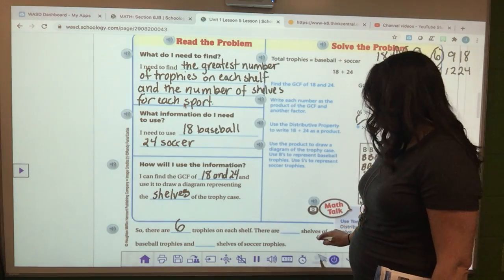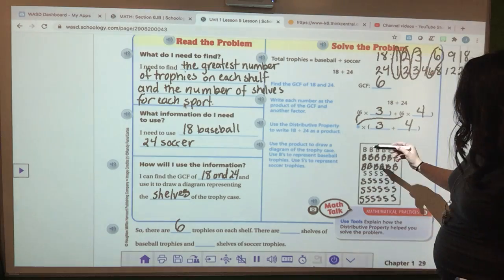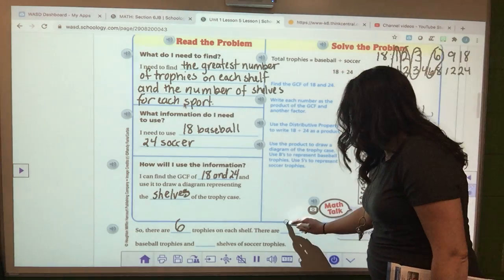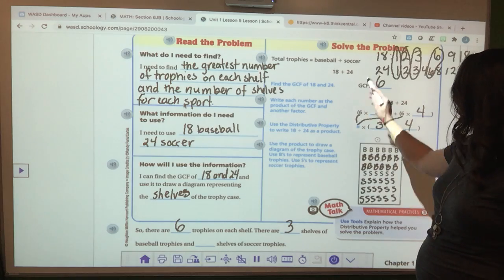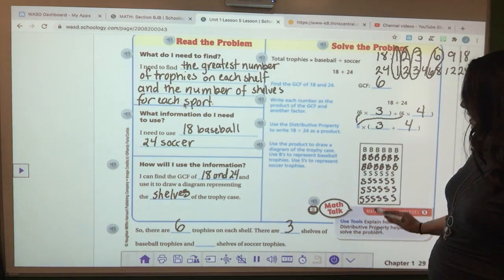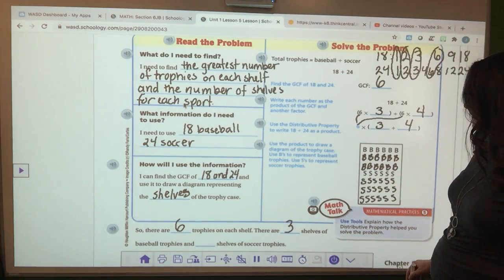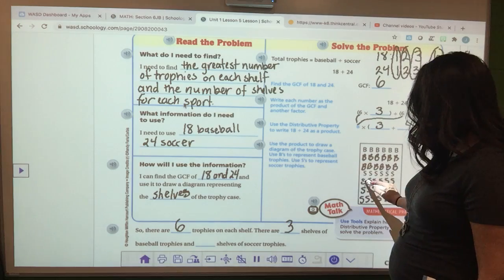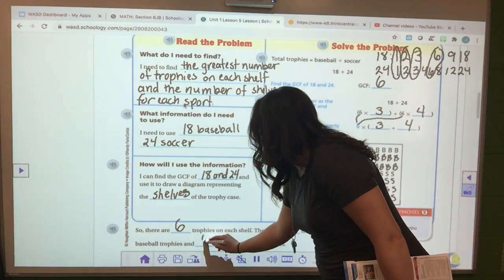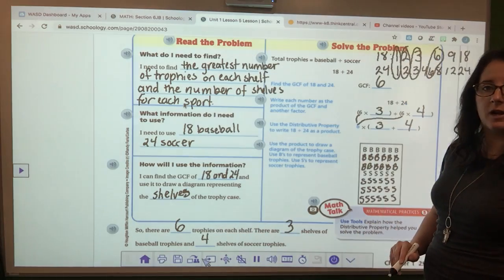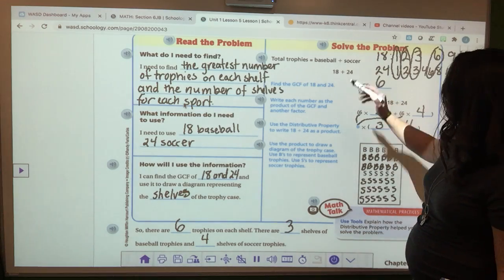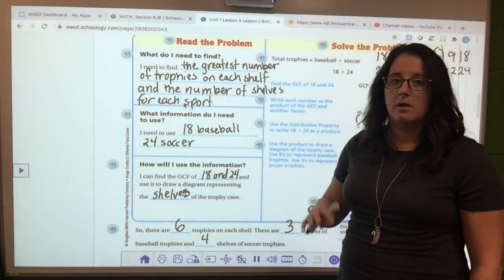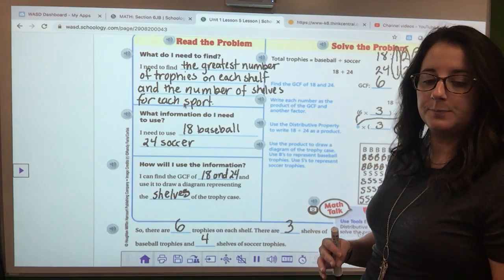There are blank shelves of baseball trophies, 1, 2, 3. Or you can look back up here, 3 times 6 gives us 18. And there are blank shelves of soccer trophies, 1, 2, 3, 4. 4 shelves of soccer trophies. Because 6 times 4 gives us the total of 24. That is our first example.